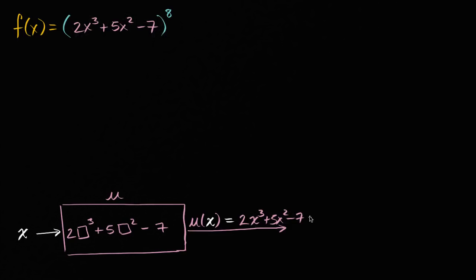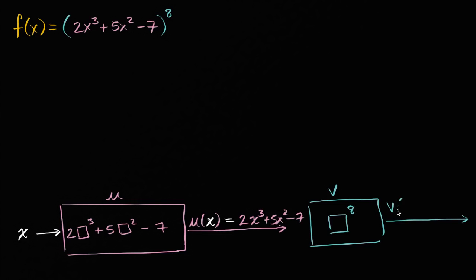So then we will take that and input it into another function, let's call that function v. And that function, whatever input you give it, and I'm using these squares just to say whatever input goes into that function, you're going to take it to the 8th power. And so in this case, what do you end up with?